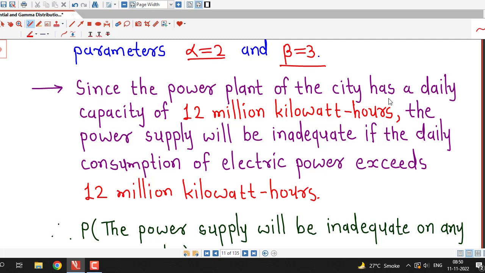Since the power plant of the city has a daily capacity of 12 million kilowatt hours, the power supply will be inadequate if the daily consumption of electric power, that is capital X, exceeds 12 million kilowatt hours. The power plant can provide 12 million kilowatt hours daily. That is the maximum supply, because its capacity is 12 million kilowatt hours.